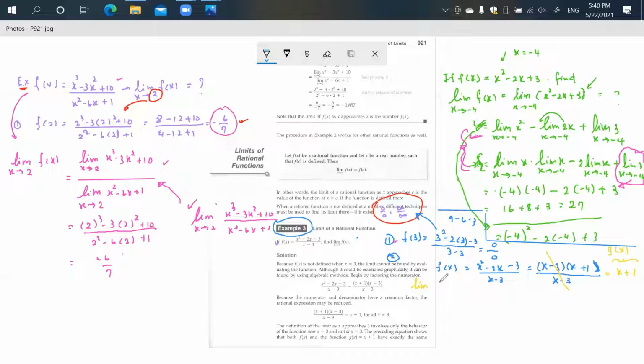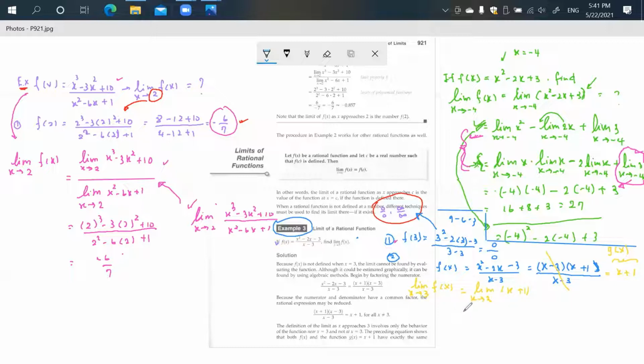I really care about how to write down the limit of functions. So you take the limit of both sides: limit of f of x when x approaches 3, sorry, and then equal to the limit of x plus 1 when x approaches 3.